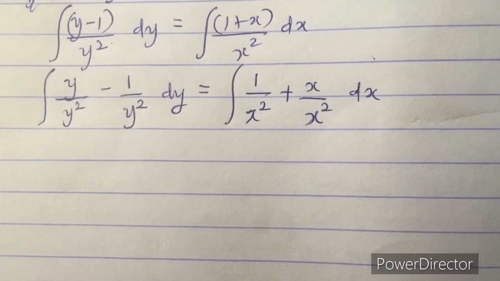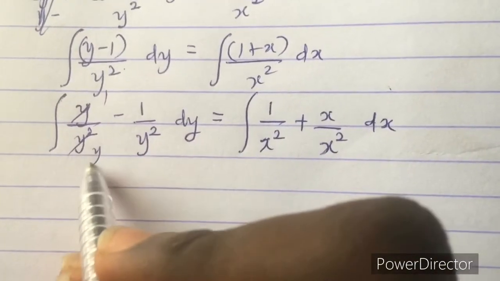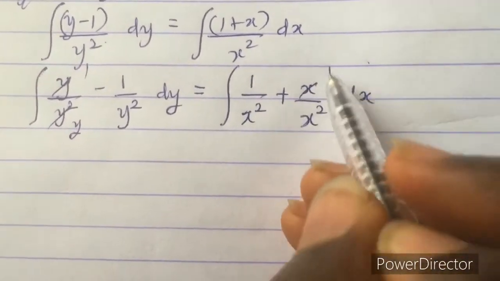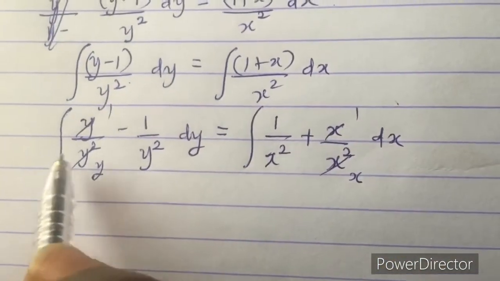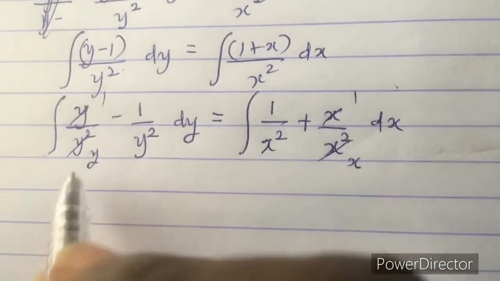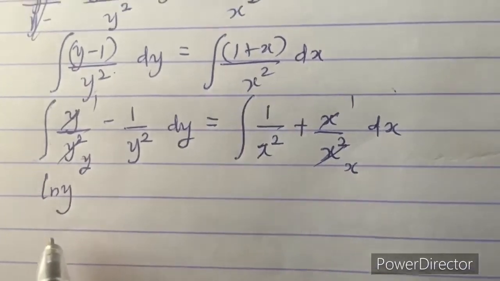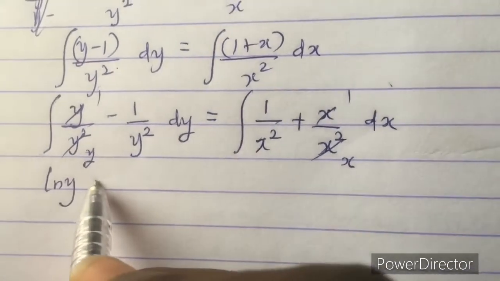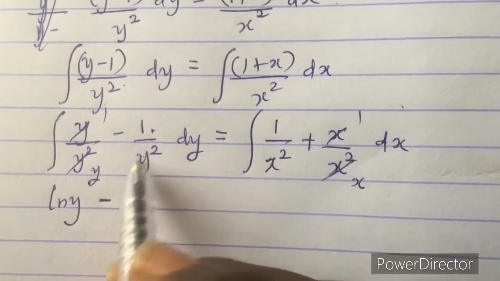Now we can say y over y square is 1 over y, and x over x square is 1 over x. And from there we know that integral of 1 over y is ln y. Don't forget, this integral is also still affecting this one, so this is y raised to power minus 2.